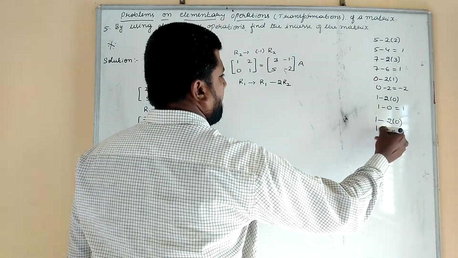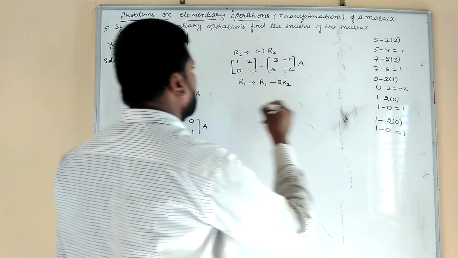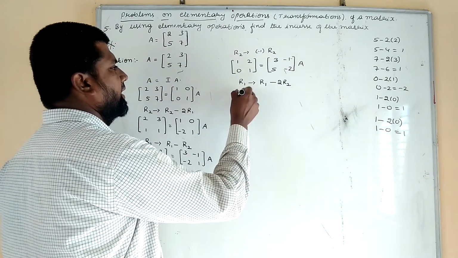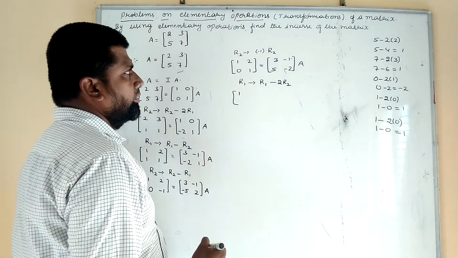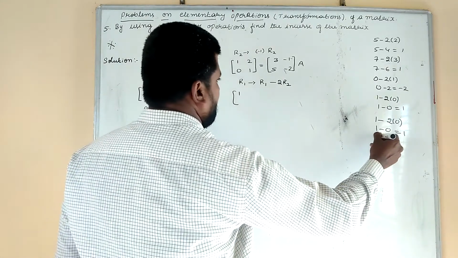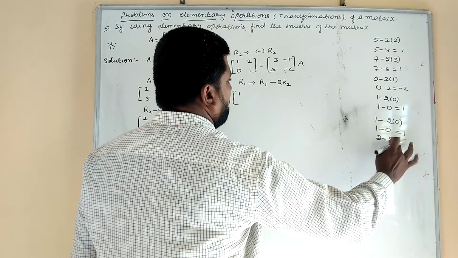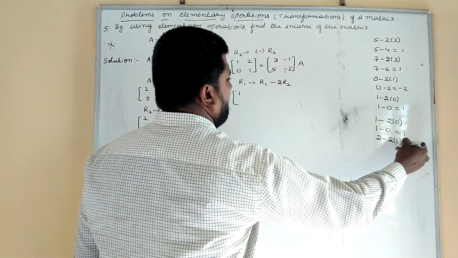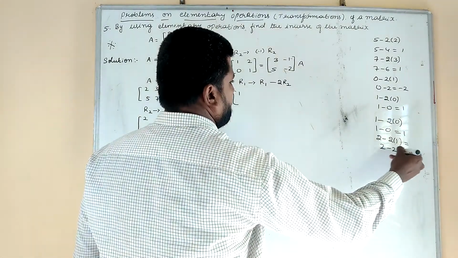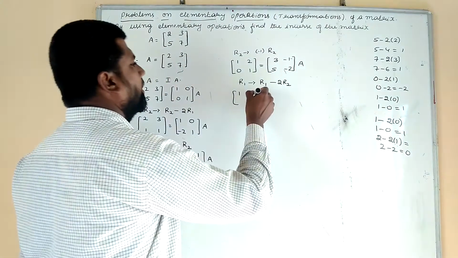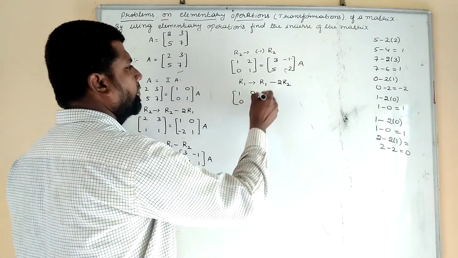Then 1 minus 0, you are getting 1. So the first element is 1. Then you have to change the second element. The second element is 2 minus 2 into 1. Then you are getting 0. So the first row will be 1, 0 and the second row will be 0, 1.